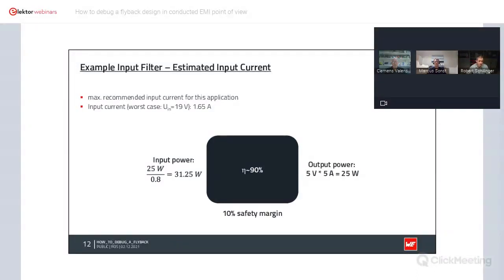We can see in the second line, in the worst case, we have at 19 volt input voltage around 1.65 amps. That will be important a little bit later, but I show you here to remember.